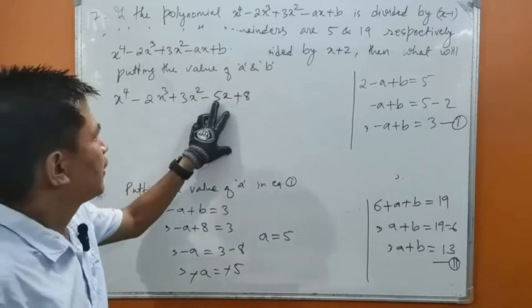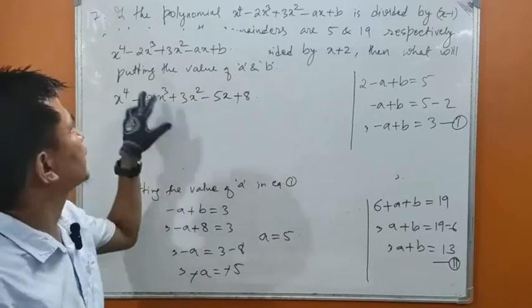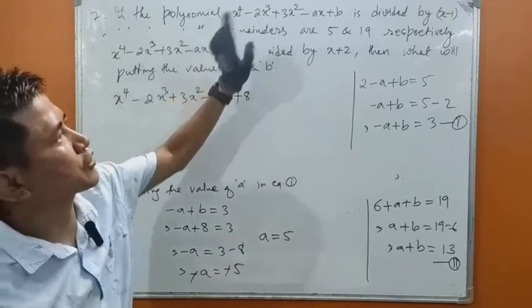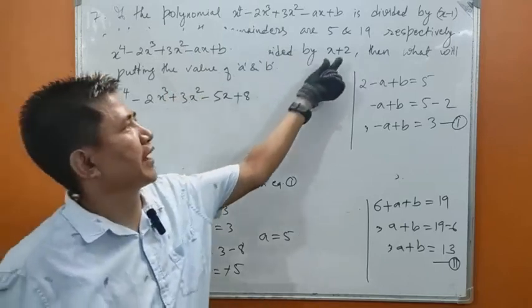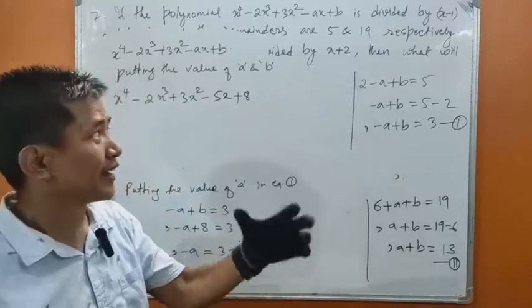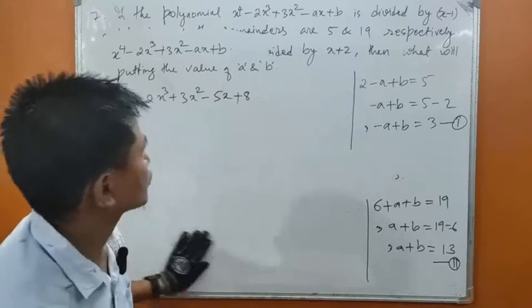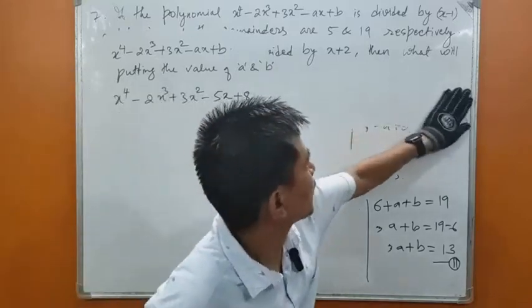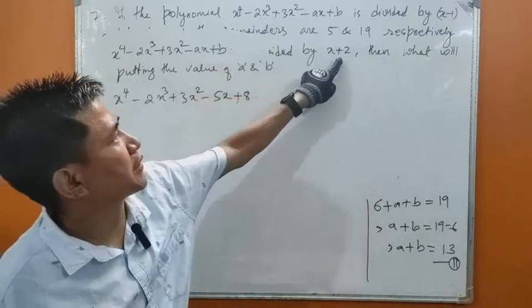We just put the value of a and b in the expression which was given. Now when this expression is divided by x plus 2, what will be the remainder? That remainder is the answer to this question. We are asked to find that remainder when this expression is divided by x plus 2.